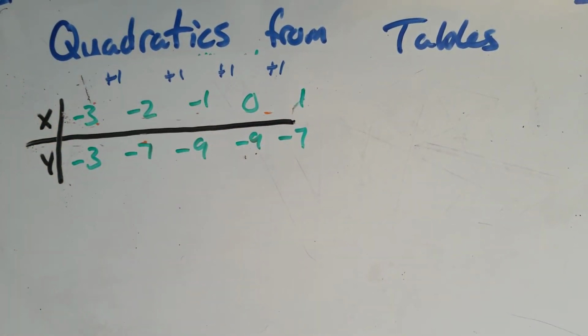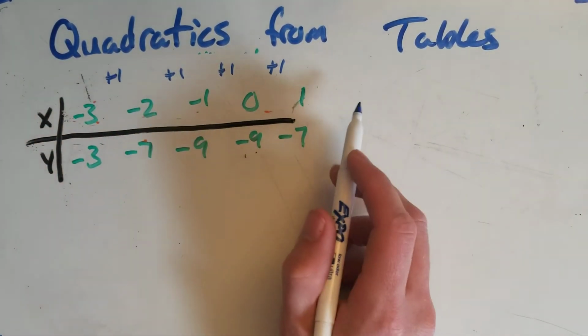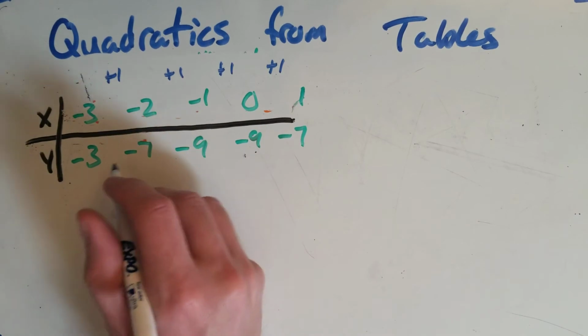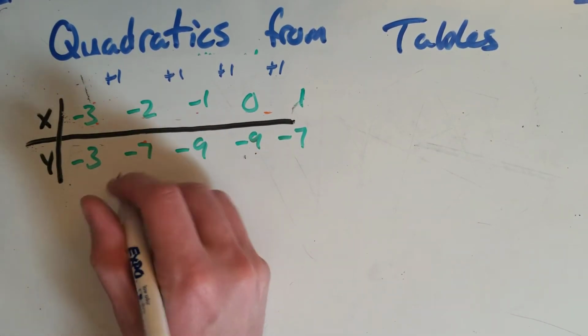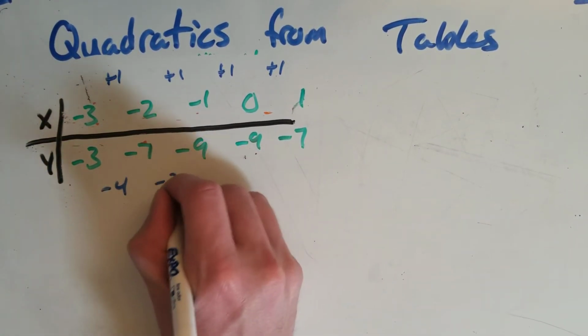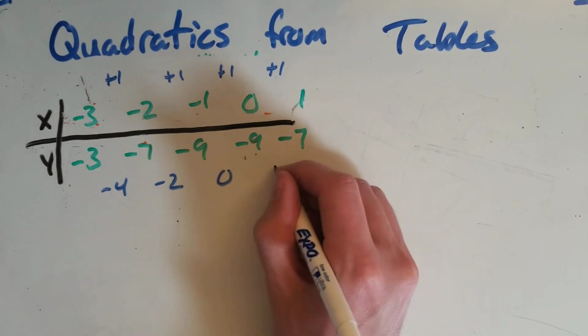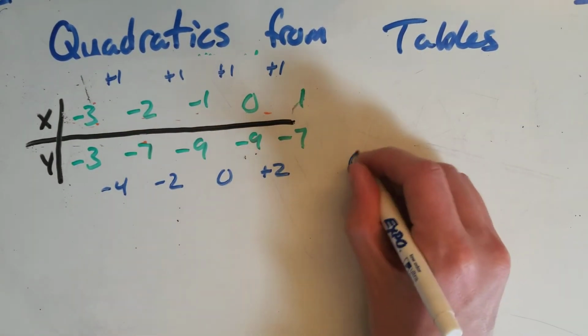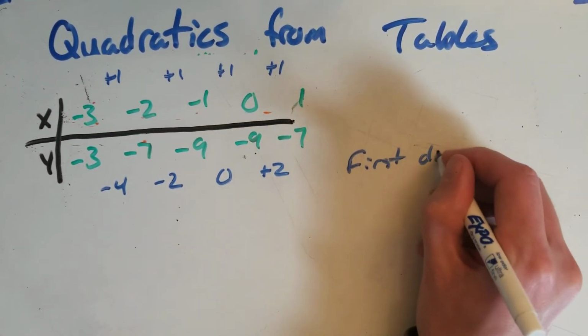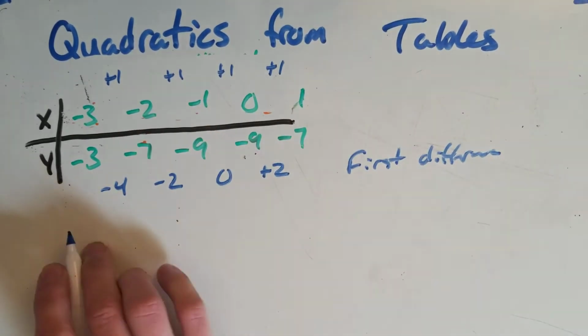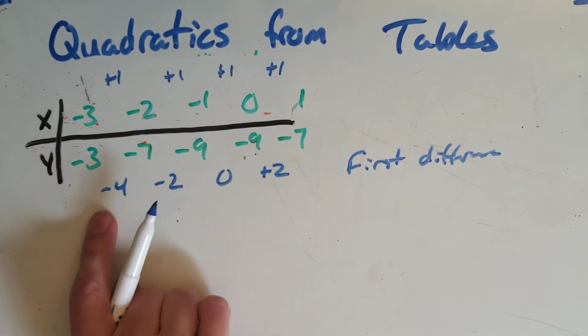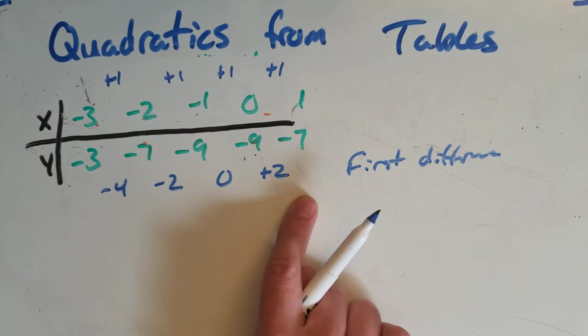So inputs and outputs. All of our inputs increase by 1, and for our outputs, let's find the first difference here. We go minus 4, minus 2, 0, and then plus 2. So that's our first difference. And if you look, the first difference is not constant. We're not changing by the same thing every time.